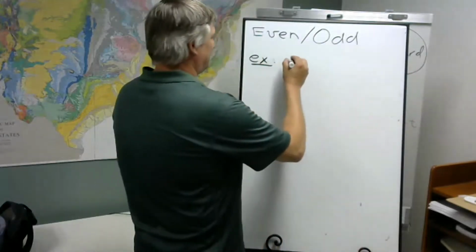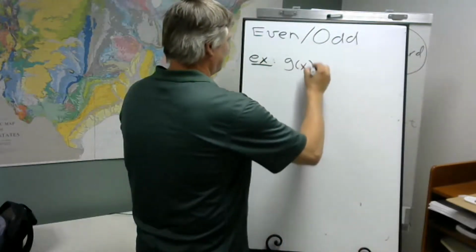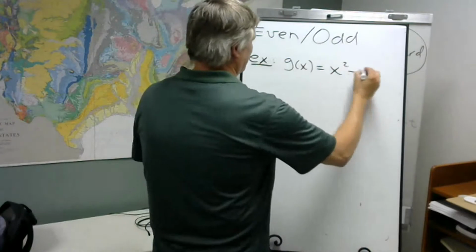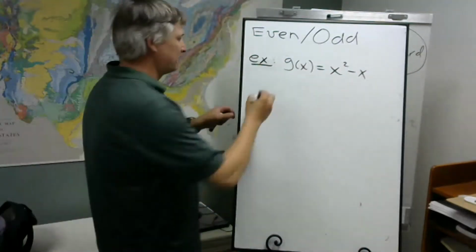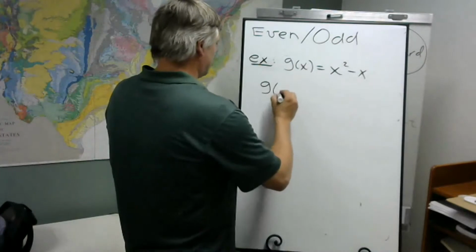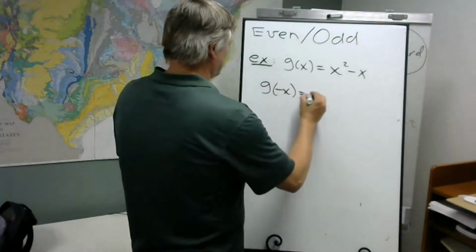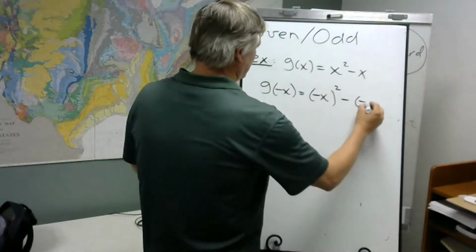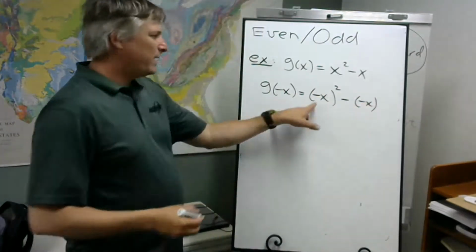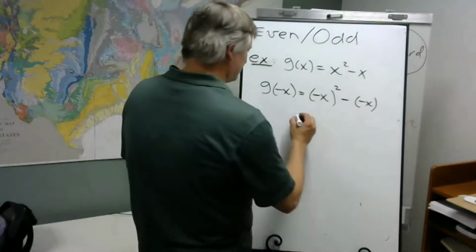Let's say we have this. Again, we're just going to plug in negative x. So if we square this, the negative goes away.